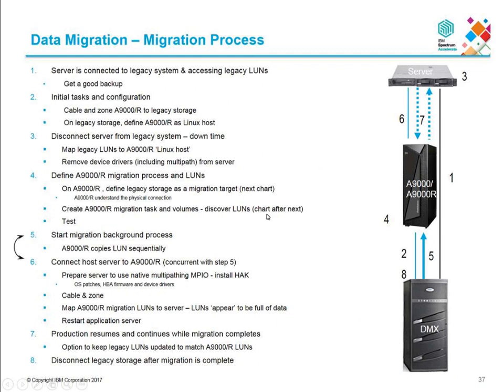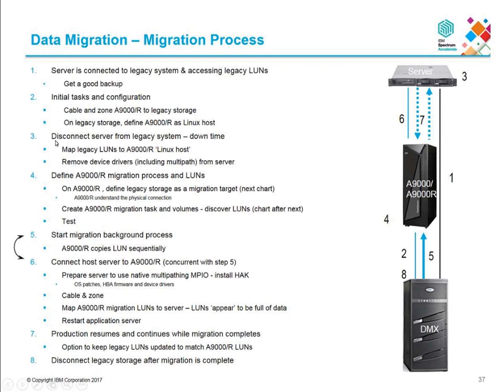While I'm doing that, I'm probably going to have to do a couple of things to the host depending on what the legacy storage is. There are certain multipath applications, like PowerPath, that can take a number of reboots to fully get rid of. And that's one of the things you want to do. You want to get rid of any multipathing application that's on there because, like XIV, the A9000 uses the built-in multipath of the operating system.